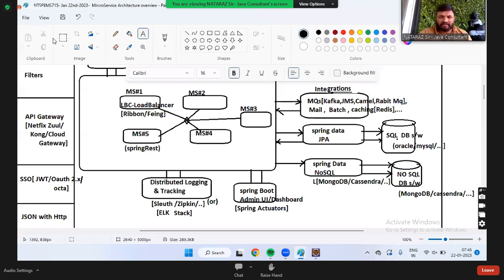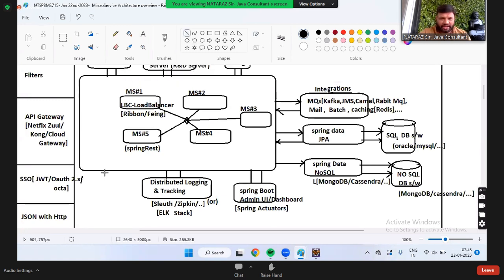Okay, boss. Now listen. Here I will add one extra thing. Sometimes we need to enable transaction management, that too when a task is happening in multiple microservices, we need distributed transaction management.